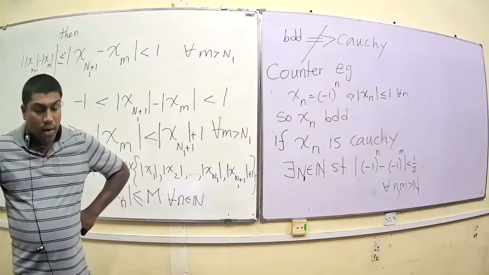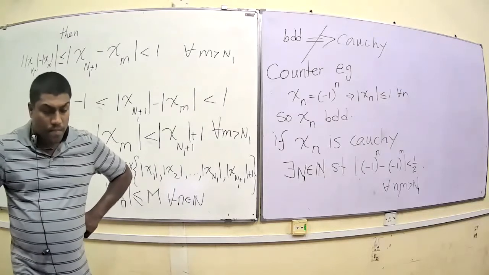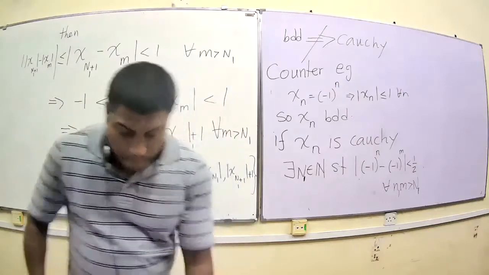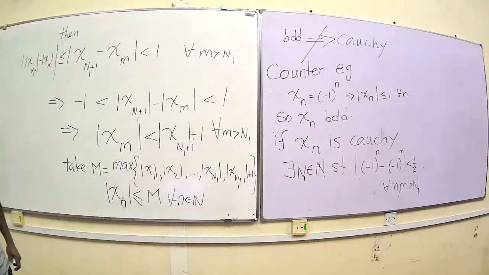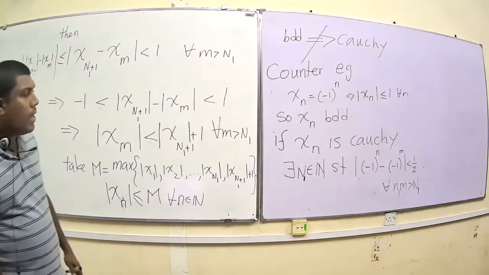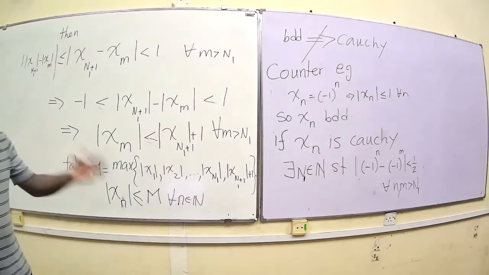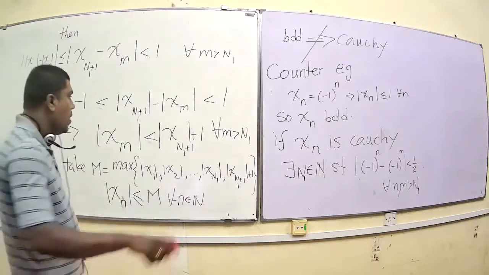What we are going to do is show that this is a contradiction. So |(-1)^n - (-1)^m| is less than half is what we have if it is Cauchy. So now we want to get a contradiction.